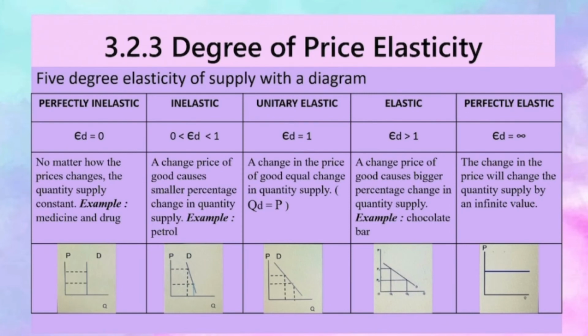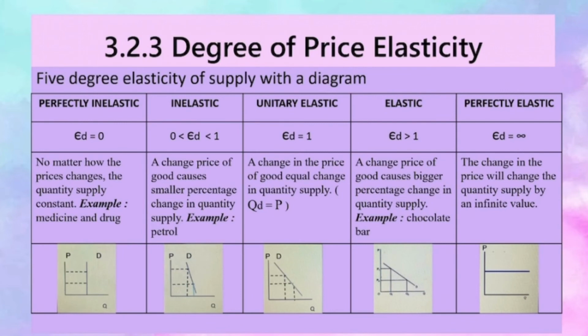The number 4 is elastic. ES is more than 1. A change in price of a good causes a bigger percentage change in quantity supply. For example, chocolate bar. The percentage change in price from P1 increasing to P2 is smaller than the percentage change in quantity supply from Q1 decreasing to Q2.